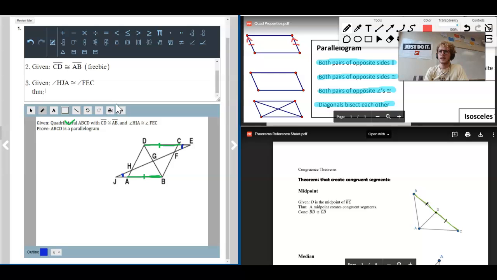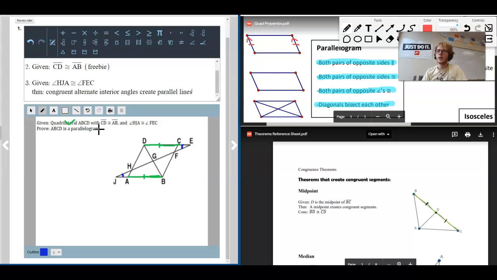The theorem is that, and we'll get the wording a bit better here. Congruent alternate interior angles create parallel lines. And that's why we had to state that we had parallel lines in order to say congruent alternate interior angles. They work hand in hand.